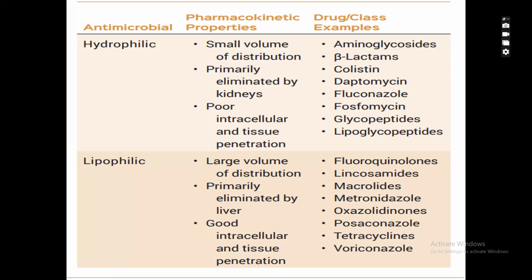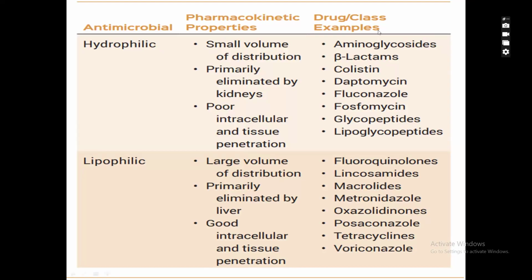Hydrophilic drugs should not be used in case of pneumonia, tissue infection, or soft tissue infection. These are a bad choice for soft tissue infection because they will not be distributed to the tissue. It is not a lipophilic drug, but it's good for bloodstream infection. It's good for urinary infection.